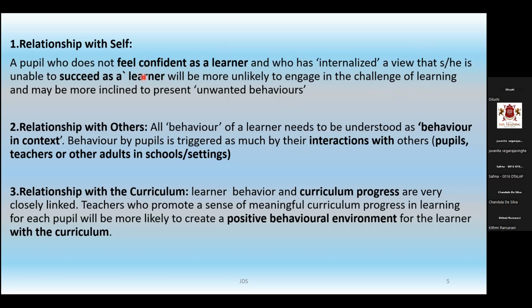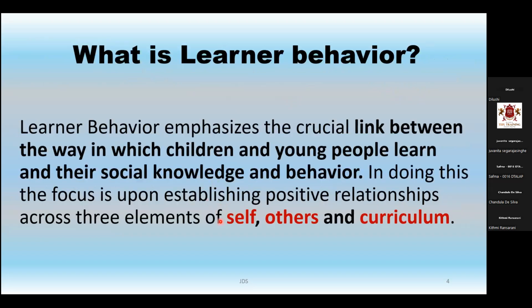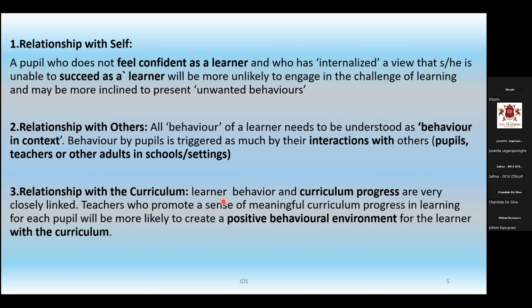Right? So that is how the self impacts the acquisition of knowledge. If he believes in himself that he can really make it happen, then of course his behavioral pattern will change.